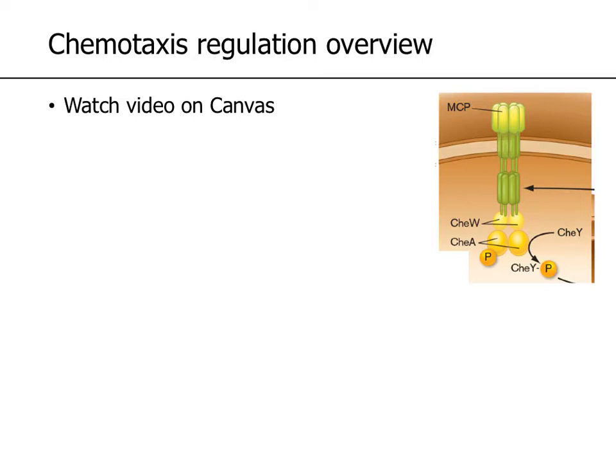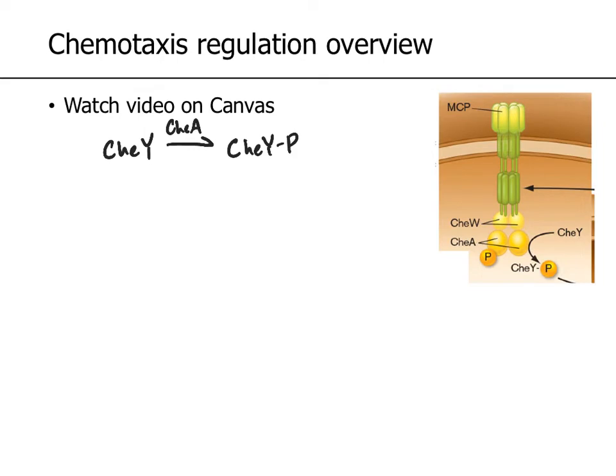I'm just going to draw and track the different components of the system. One of the key components is this CheY, which goes back and forth to the phosphorylated version. To be phosphorylated, it's going to need CheA.